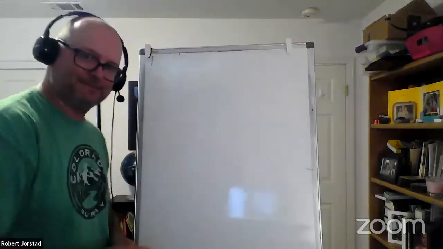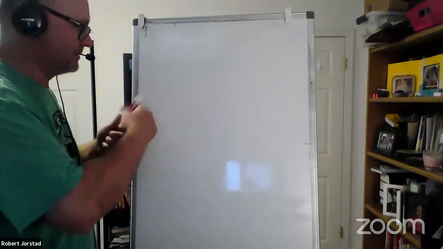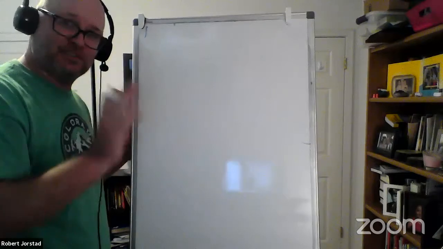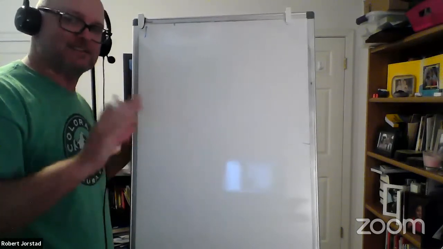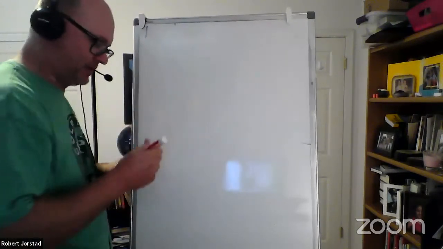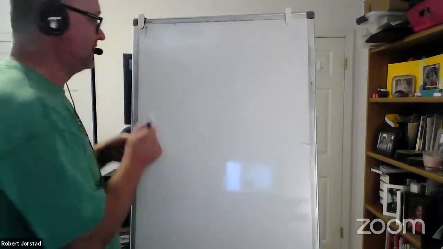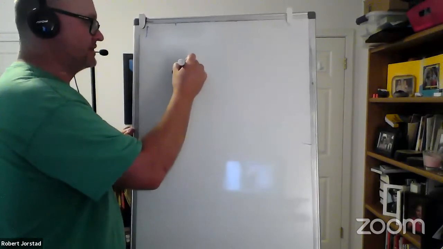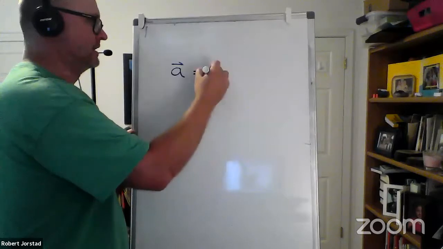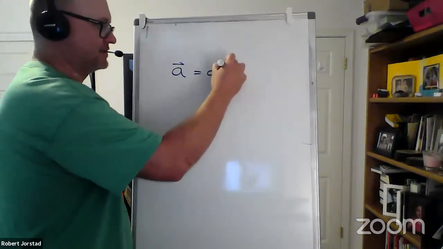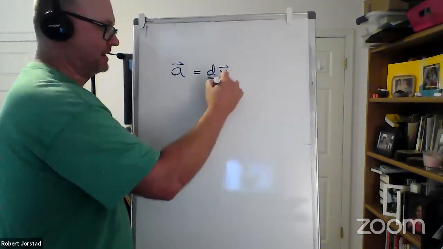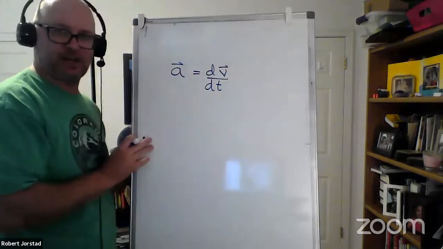So I know that you guys don't know calculus, but sometimes seeing the calculus really helps. So I'm going to show you with calculus, and my apologies, this is not required, but if it helps you learn, it's worth doing. Okay. So the acceleration is, by definition, the time derivative. So basically it means a rate of change.